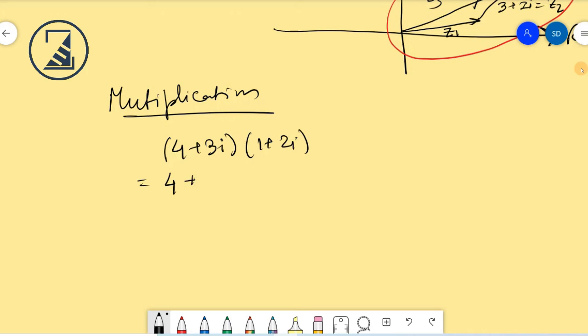So this is 4 plus 2i plus 3i plus 6i square. Now i square, I know it as -1, so this term is going to be -6. So I am getting the ultimate result as -2 plus 5i. So this is the algebraic way of doing it. This is pretty straightforward.